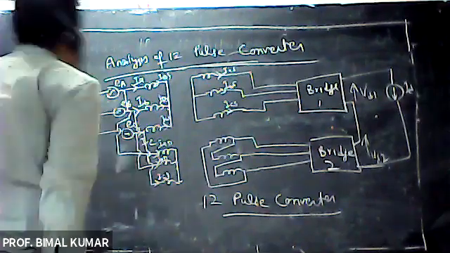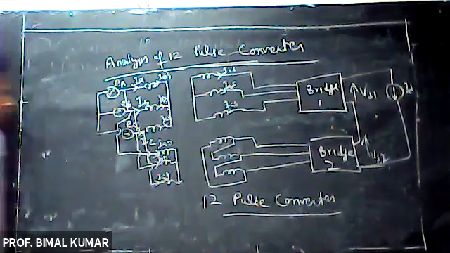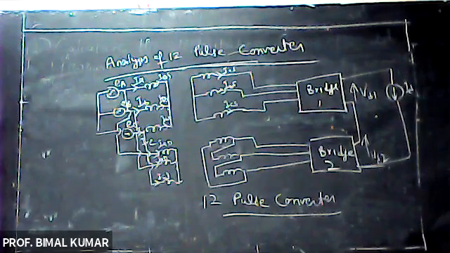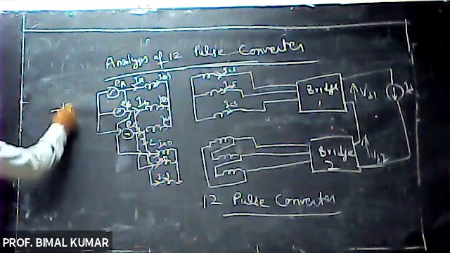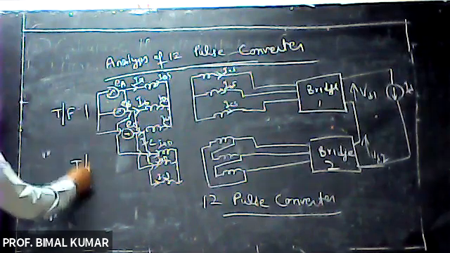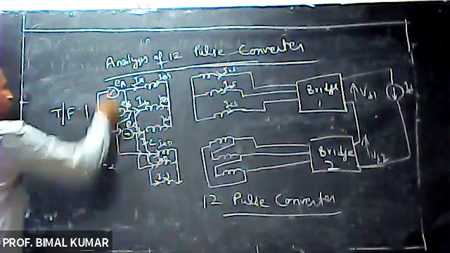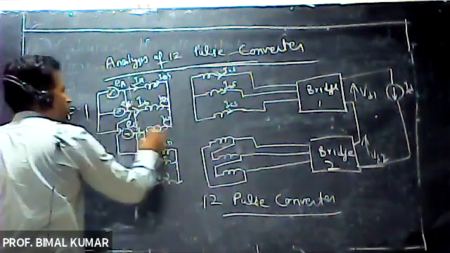So this diagram is for the analysis of the 12 pulse converter, right? So see here, here are two transformers. This upper one is your transformer 1 and this is your transformer 2.